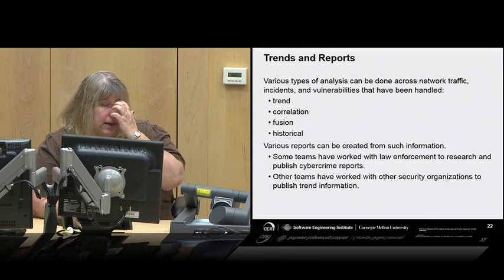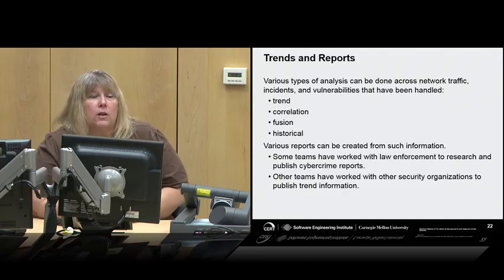One of the things that can help with this is taking a look and doing trending. There are a lot of different types of analysis that can be done across the information that you're collecting on your network, the types of incidents and vulnerabilities that you're seeing or have handled.